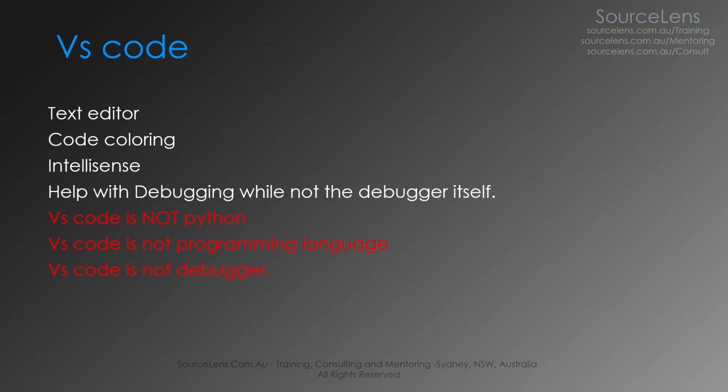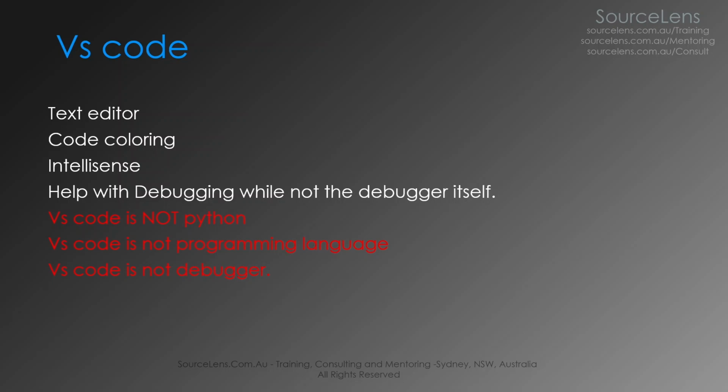It is also not the debugger. This is very, very important. A lot of people think that Visual Studio Code is a debugger. No, it is not. Behind the scenes, Visual Studio Code is using Python for debugging. Yes, the UI is seen inside Visual Studio Code. You are pressing the button, you are pressing F5, F10, you're seeing the watch window, everything in Visual Studio Code, but it is not the debugger.